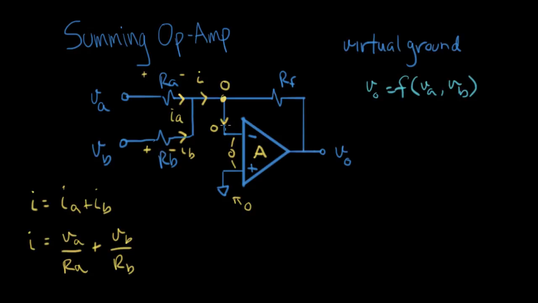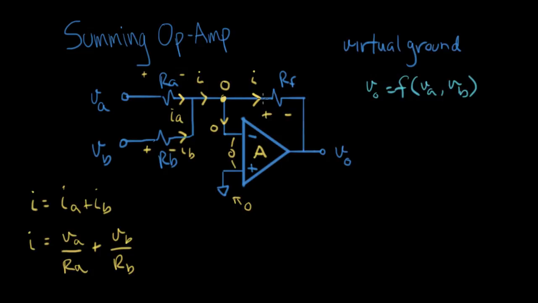Now, one thing we know, because this current is 0, is that this current is I. And if I is going into RF, we'll label the voltage on RF like that. So now let's write an expression for I in terms of RF and this voltage here. Let's look at the two ends.